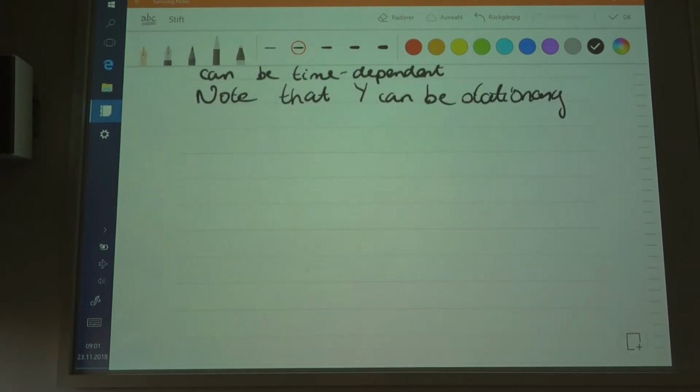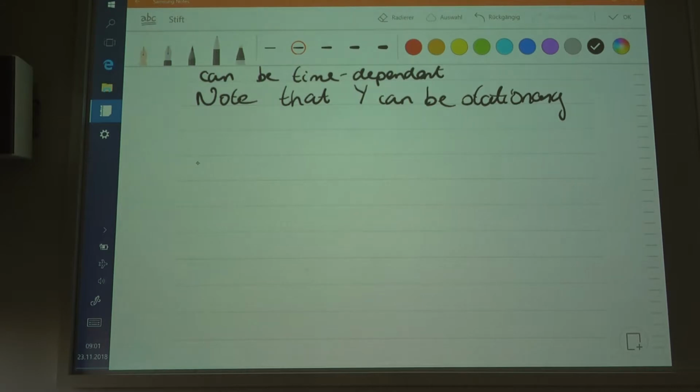Now let me define a stochastic process for which the variance is stochastic. This is just an example, let me demonstrate this.